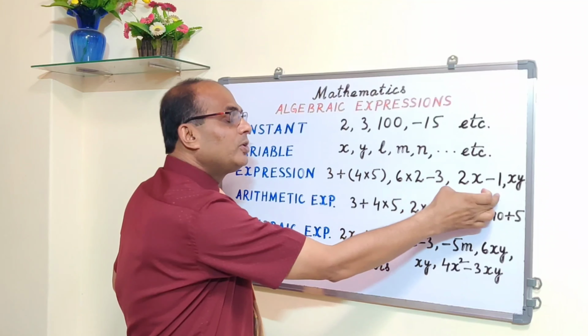Now, so terms are clear, algebraic expressions are clear, monomial, binomial and trinomial, they are also clear. Alright. Now the numerical factor of a term is called its numerical coefficient.